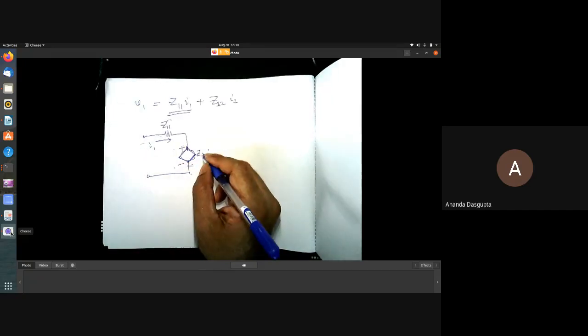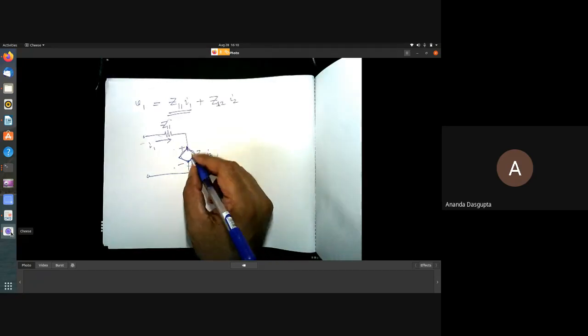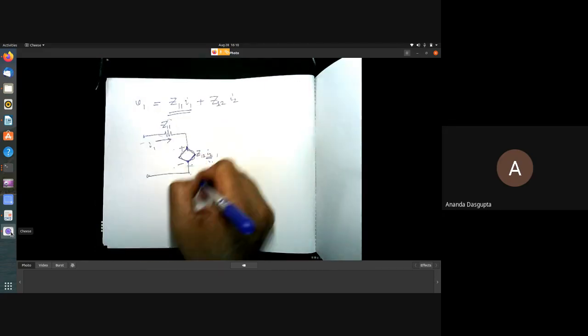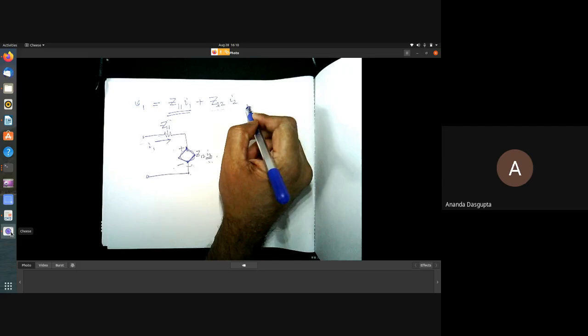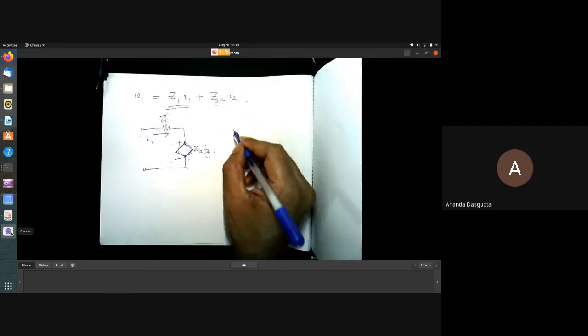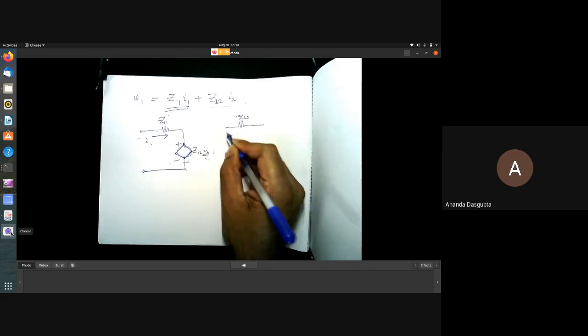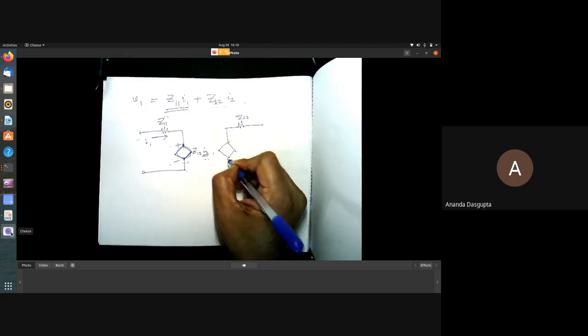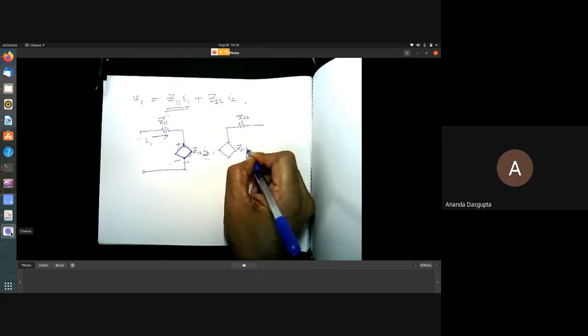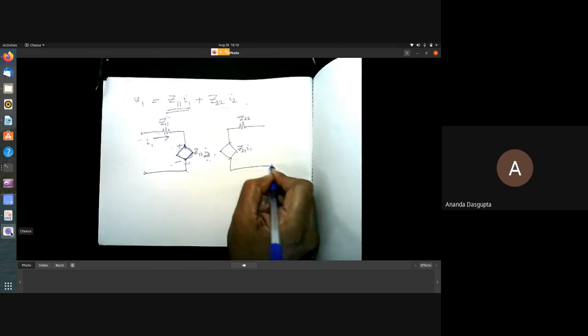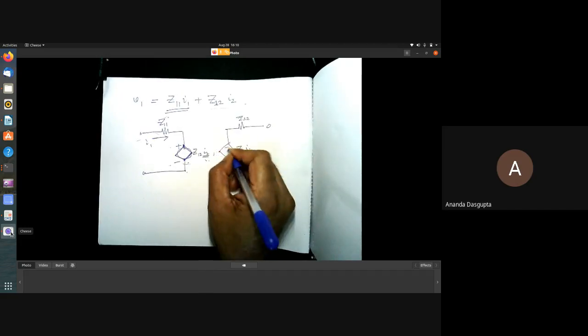It produces a voltage given by Z12 I2. Okay, so this part of the circuit simply models this equation. There's nothing else to it. Okay. Similarly, the other part is simply modeled by Z22 and Z21 I1. Okay, so these are just effective circuits which model the two equations that we have.